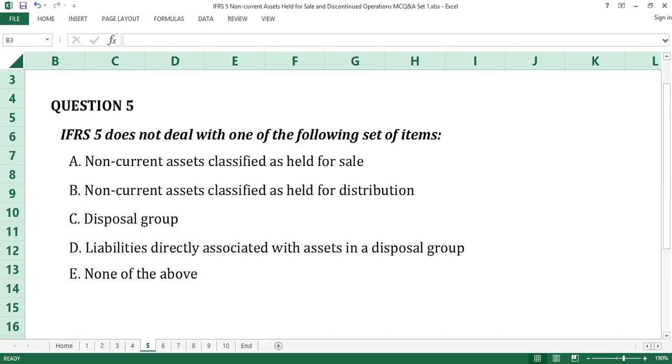Question number 5. IFRS 5 does not deal with one of the following set of items. A. Non-current assets classified as held for sale. B. Non-current assets classified as held for distribution. C. Disposal group. D. Liabilities directly associated with assets in the disposal group. E. None of the above.